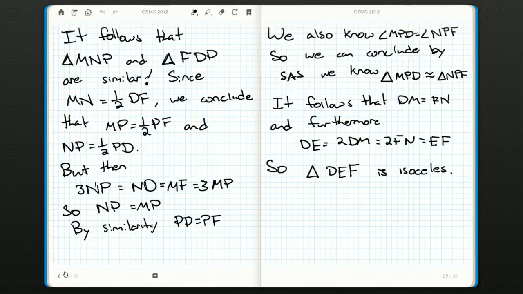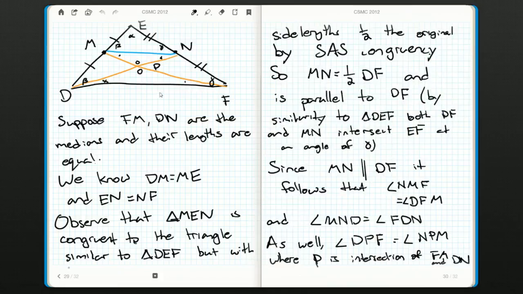Okay. So it all comes from our instincts with medians. Once we see those two midpoints, we have them isolated. The instinct is to draw in MN. And we get a quarter of the area and a half of all the side lengths, and basically a similar triangle there. And from there, it was just a bunch of angle chasing. Once we knew MN was parallel to DF, we got that angle was equal to that was equal to that, these angles here and here.